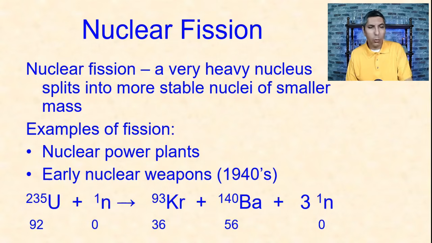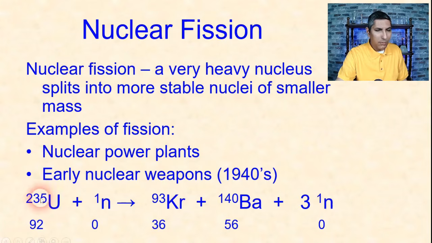Now, here is one of the reactions in which nuclear fission can take place. We can have an atom of uranium-235, and it gets hit with a neutron. As we learned earlier in this video series about nuclear science, you can't just take an atom of uranium or some other fissionable substance and expect it to split on its own.